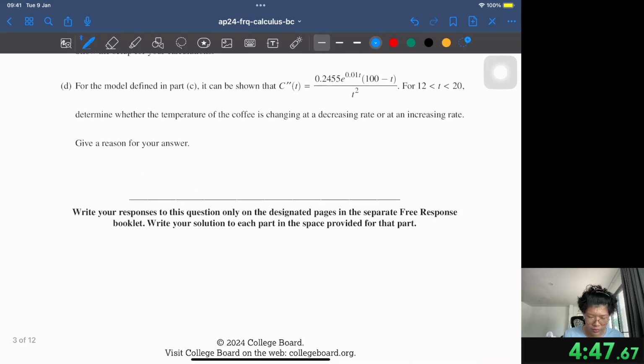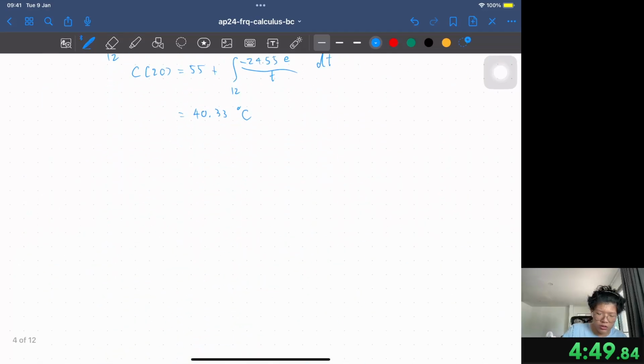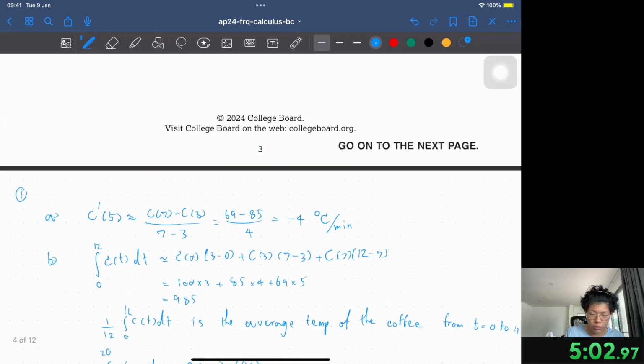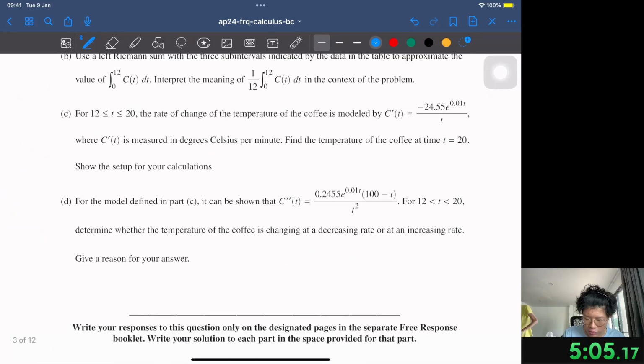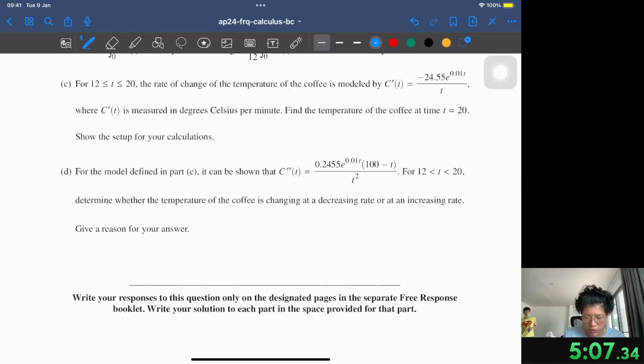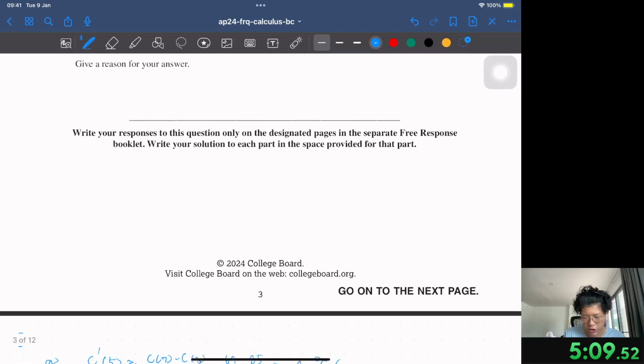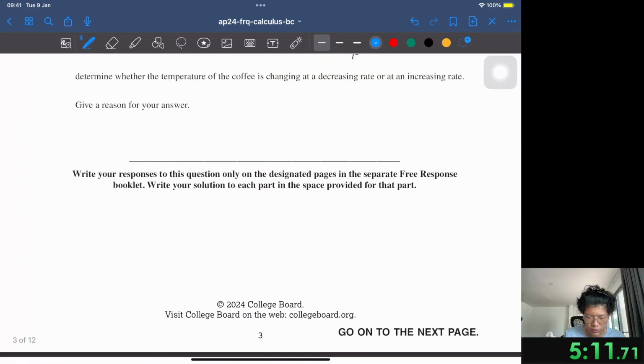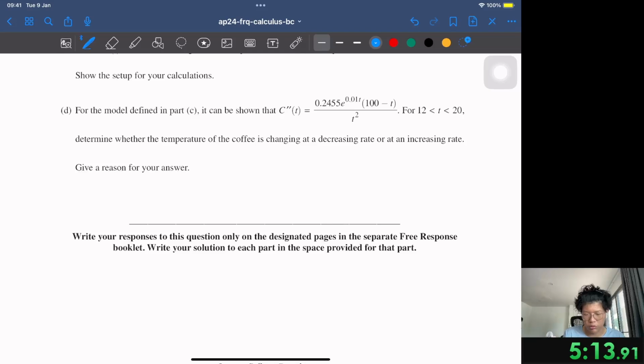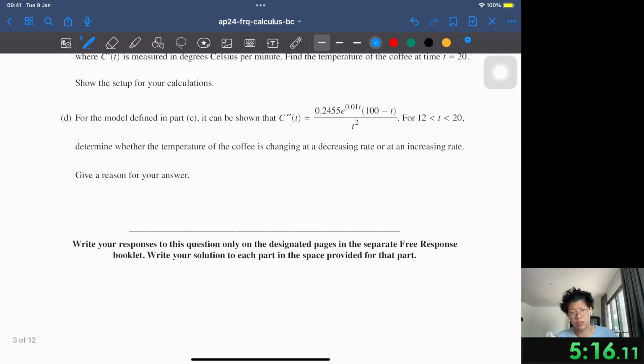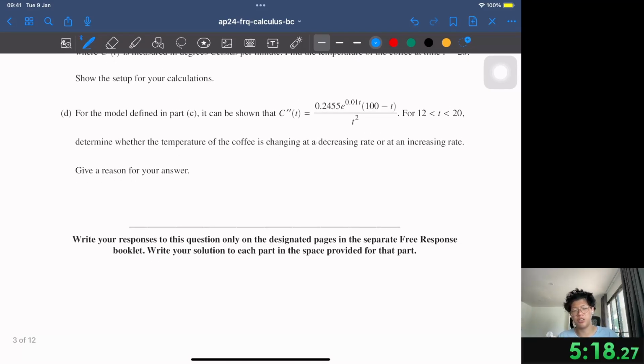This one is C double prime of t, which is just the rate of change of the rate of change. So we have to find the range of t where the rate of change of the rate of change is, well, no, actually we have to find if it's more than or less than 0.